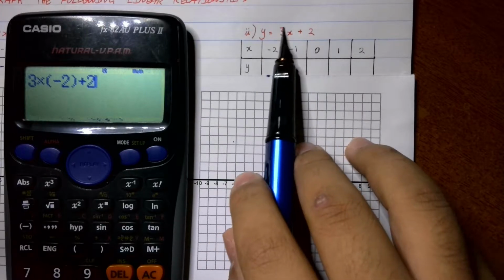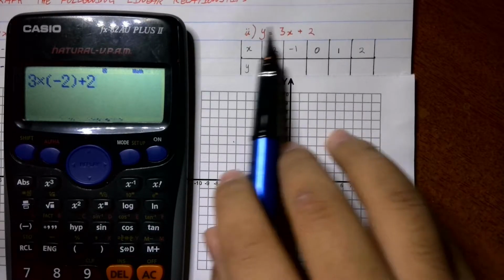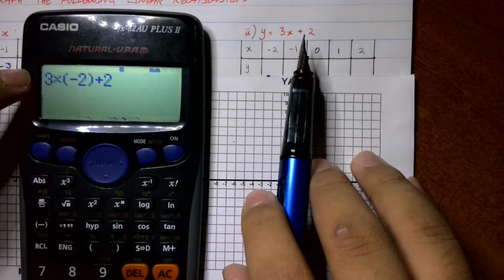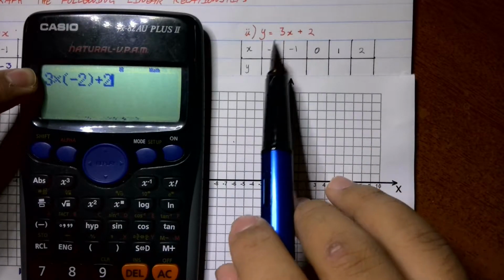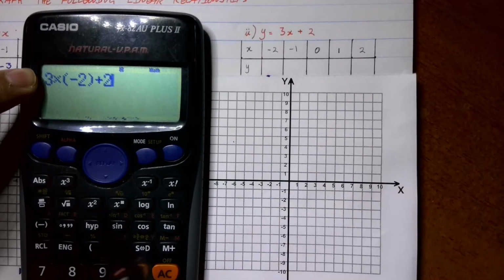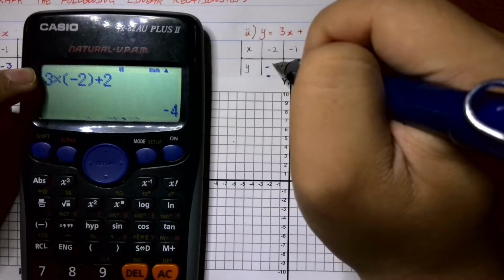Notice how this equation is represented here, but instead of this x, it's this value here. Pressing equals, this gives us -4.